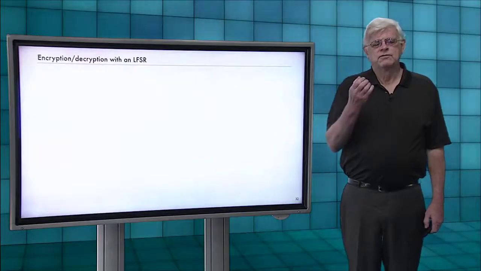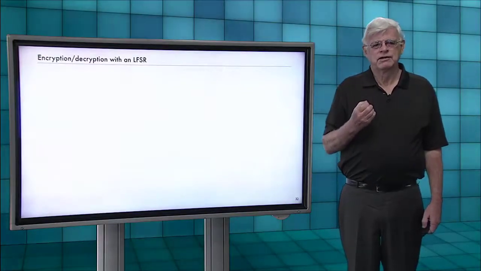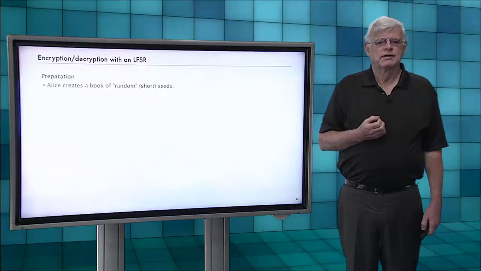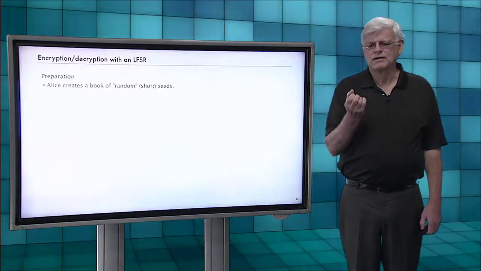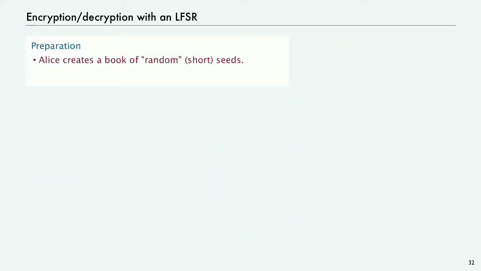So how do we use the LFSR for encryption and decryption? The key idea is that the seeds are going to be short, only the number of bits in the register. So you can have a huge number of seeds, and in fact, I have a book of random seeds that Alice creates, and those should be random as best we can, just like the random bits that we ask for in the one-time key.